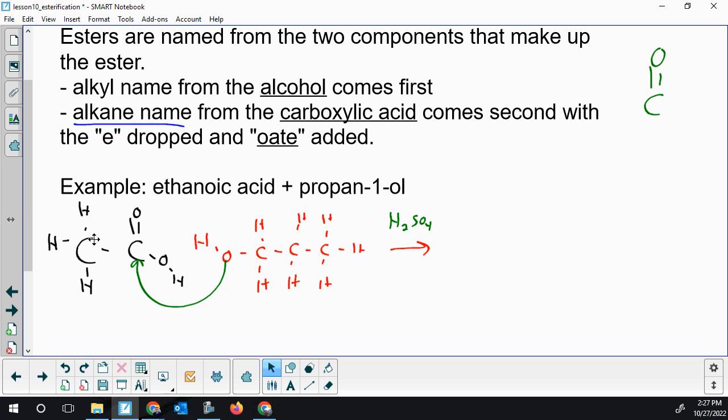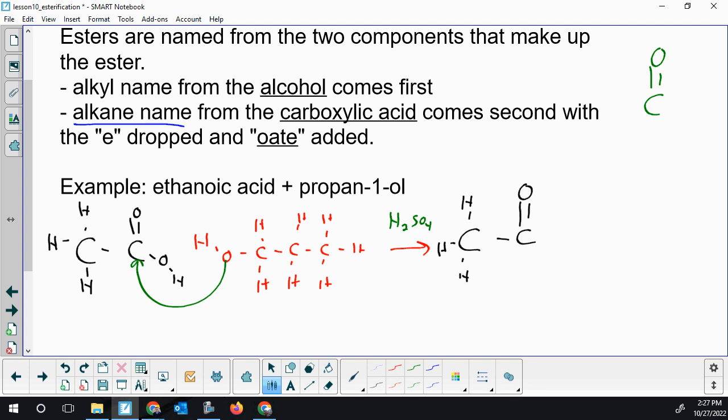So let's draw that. So we've got black carbon to black carbon. The right-hand black carbon has the double bond O. The black OH is going to come off, be part of our water.